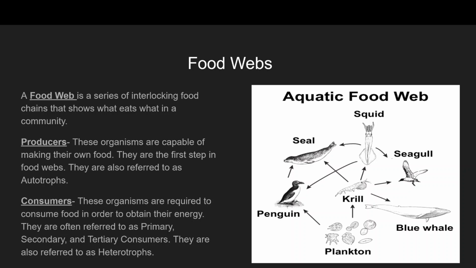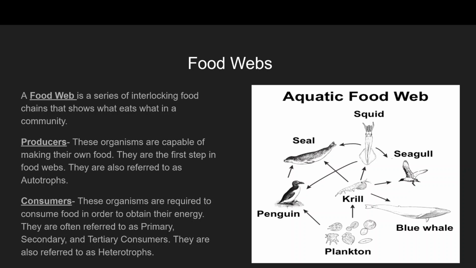So we have to take those factors into consideration when we're making our food webs. We can't just put all these other organisms that eat krill in a big long food chain, because a blue whale's not going to go out and look for a seagull to eat. That's not really their preferred food, because it would be hard to eat enough seagulls in a day to feed a blue whale.